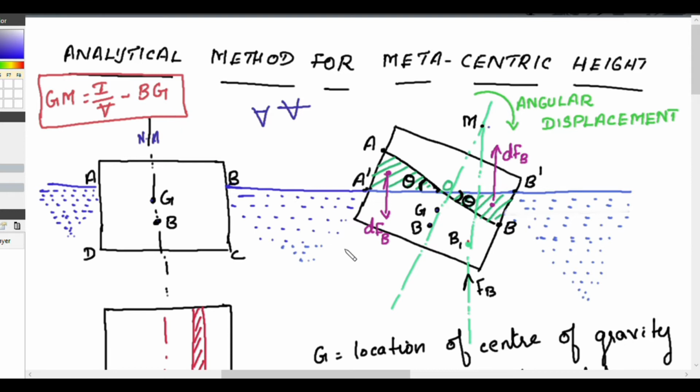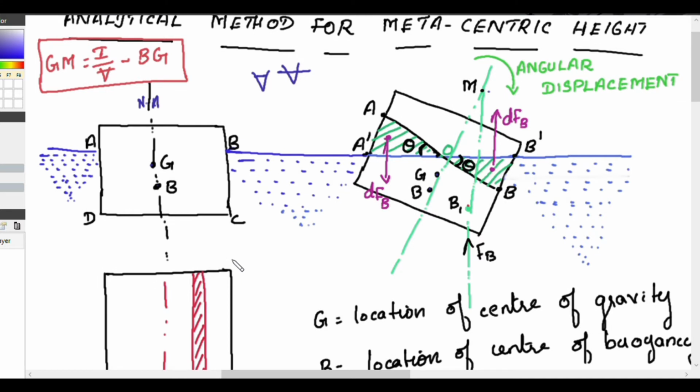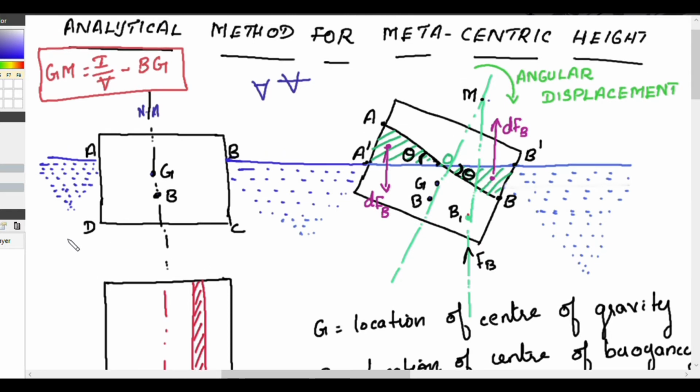Now we will move on to the derivation. We need to derive this. As usual I have explained, the body is in equilibrium. G is the center of gravity, B is the center of buoyancy, and we are giving an angular displacement of angle theta.